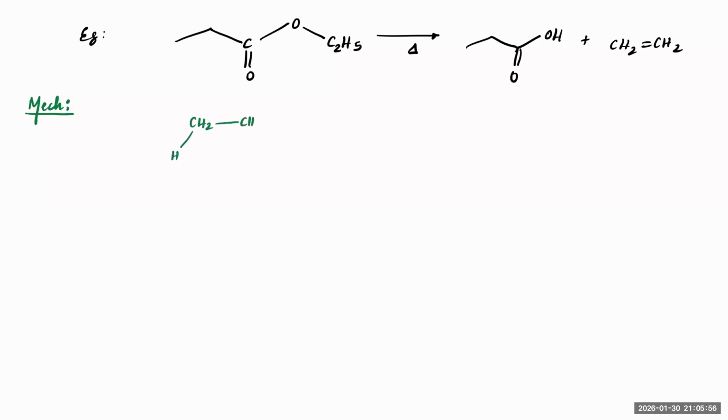Then I have CH2 which is connected with oxygen, and that is connected with carbon which is having a double bond O and then this way. This is the kind of reactant which we have. If I put them in terms of numbering, you can see it is 1, 2, 3. And here we have this oxygen. So I'll mark that oxygen. This oxygen and this oxygen are the same.